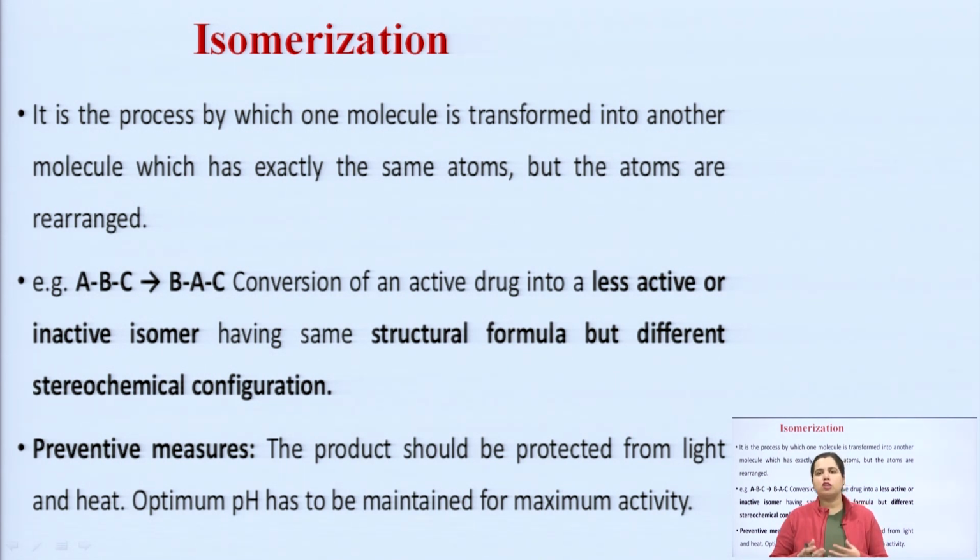Generally isomerization occurs due to excessive light and heat exposure. Also, optimum pH has to be maintained for maximum activity, and to control or monitor the pH of the preparation, we usually add buffers.